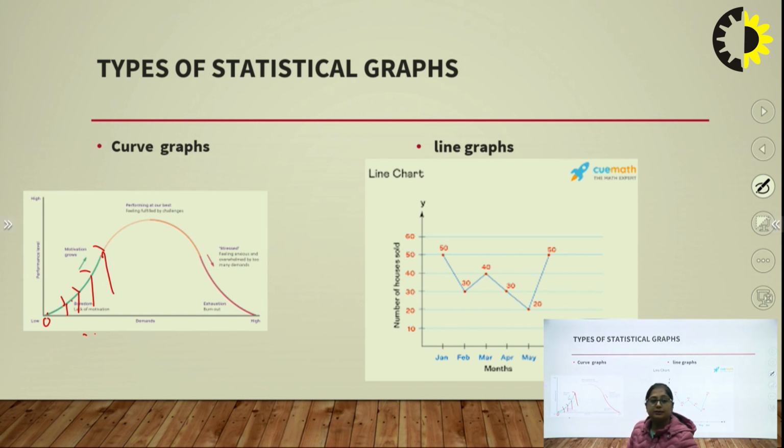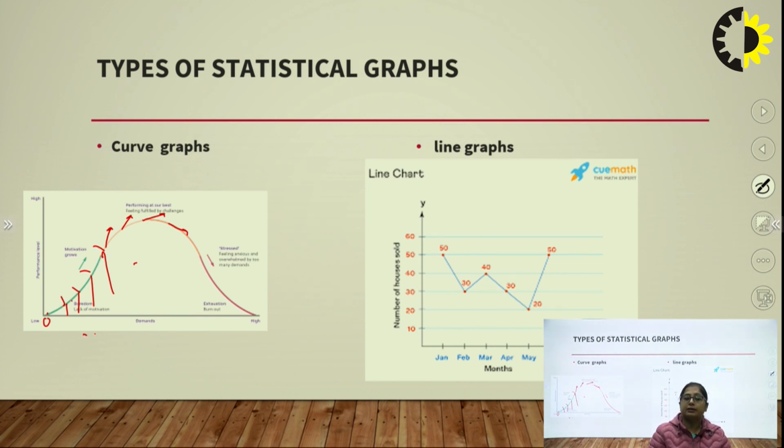So how can you check this variation? You have to find the tangent at any line. You can see that in the case of the curve, at every point you find a different tangent. So that means there is a continuous change.